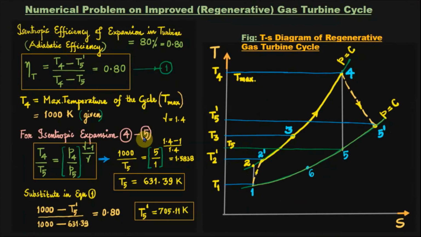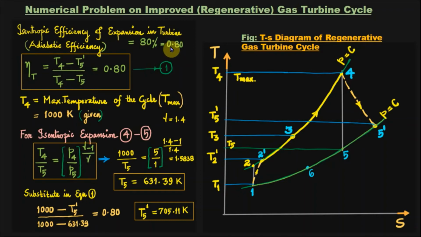Now consider the isentropic efficiency of expansion in the turbine. Here it is given as adiabatic efficiency. We used to denote it by the term isentropic efficiency of expansion in the turbine. They are the same. Here the isentropic efficiency of expansion in the turbine is 80%.